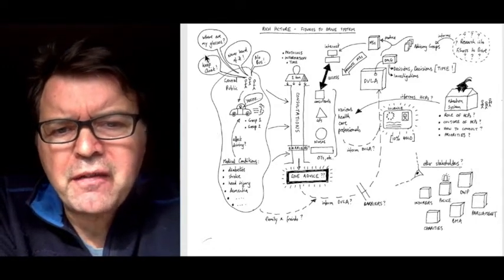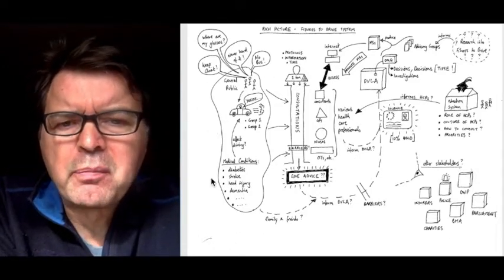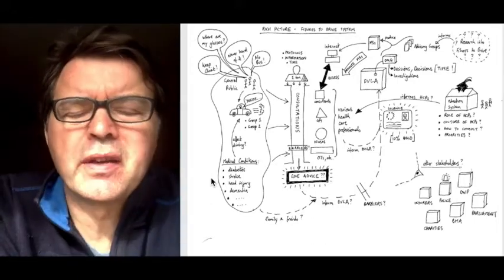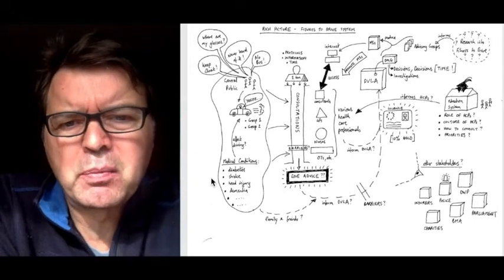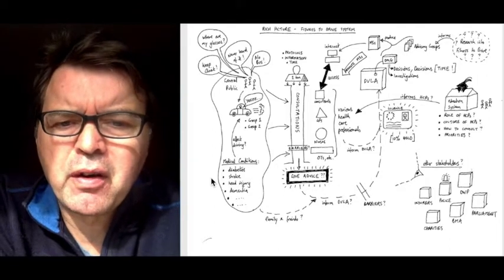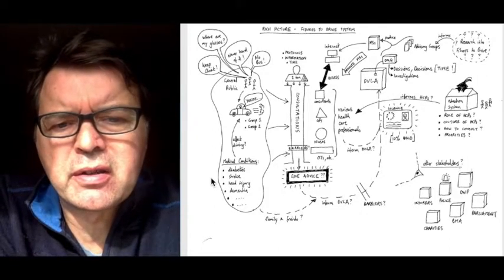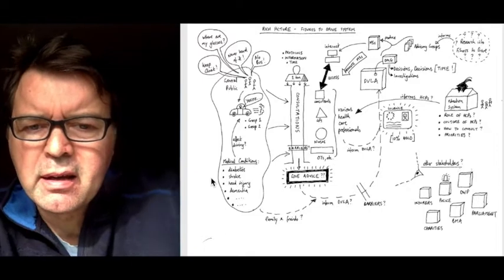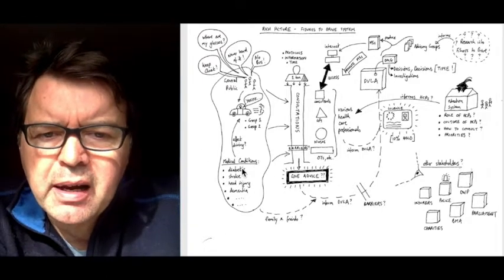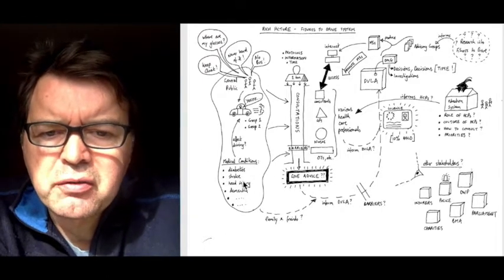So you can see on the left here of the picture, I've put the customers, if you like, of this process. That's the general public, and they have a wide range of medical conditions. I've put a list there at the bottom: diabetes, stroke, head injury, dementia.